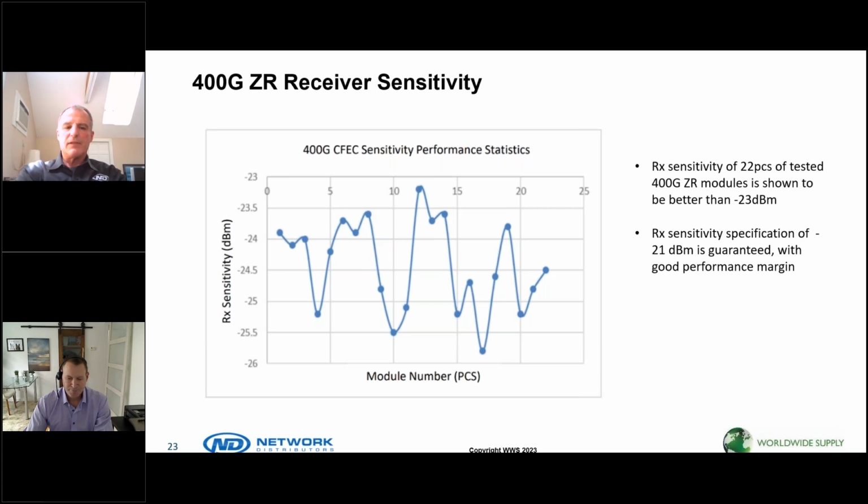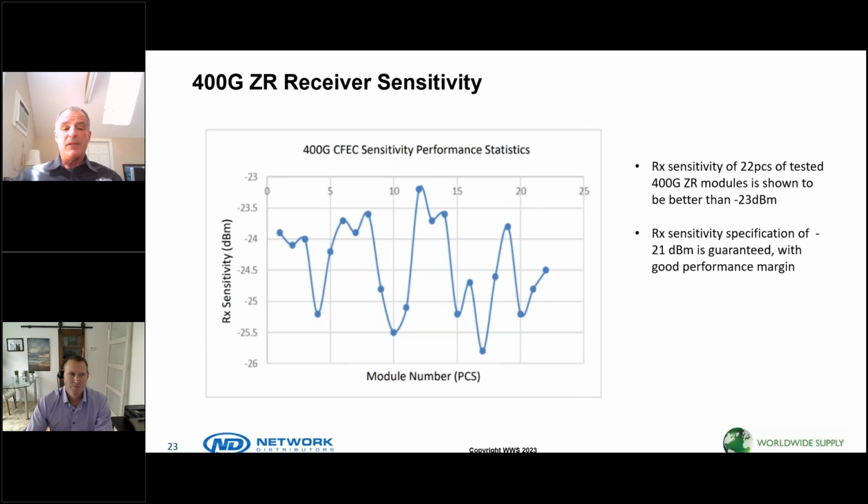In this case, a ZR is typically spec'd at -20. One of our suppliers analyzed 22 pieces of ZR. They said on average it's better, as you can see, about -24, which is 4 dB better than the spec. They said we're going to be conservative and spec it at -21.